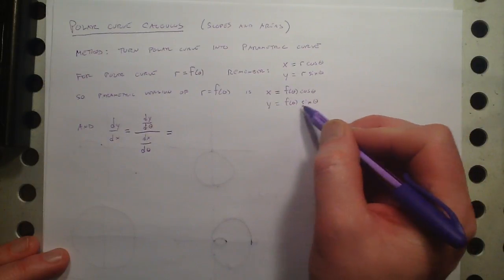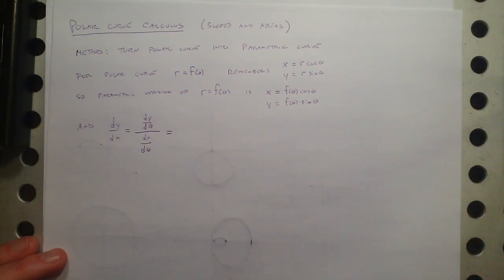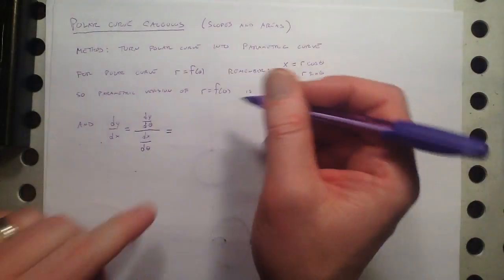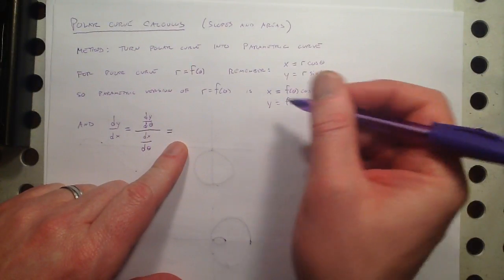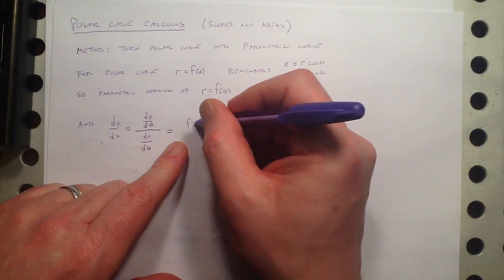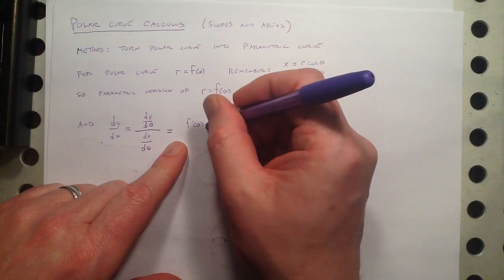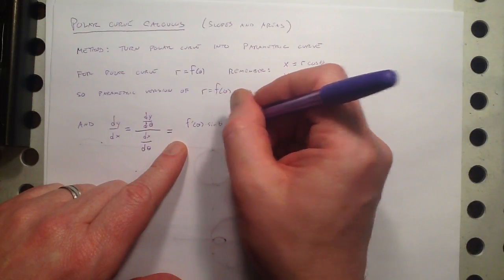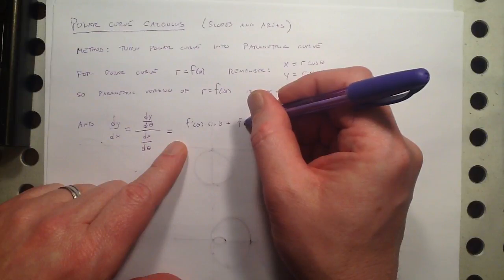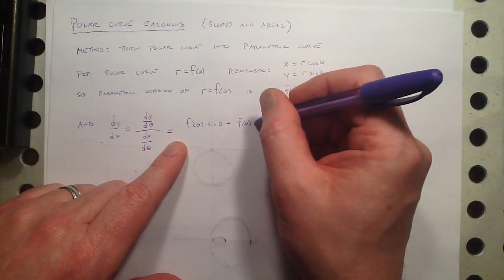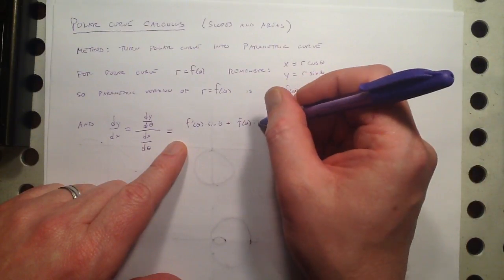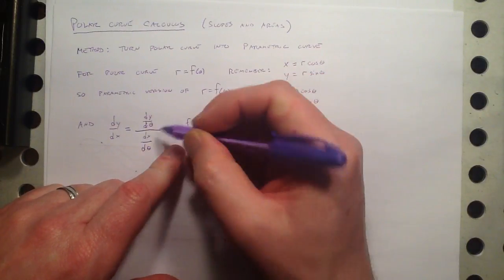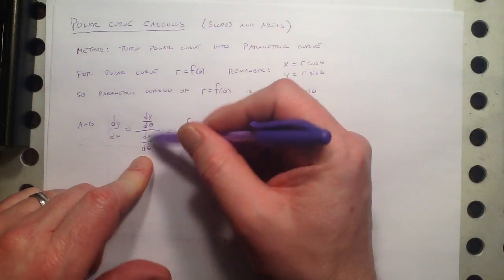And dy d theta, well, that's a product. So if I wanted to do it in general, I would have the derivative of the first, f prime of theta times sine theta, plus the first times the derivative of the second, and then dx d theta. Notice I'm not doing the quotient rule, right?